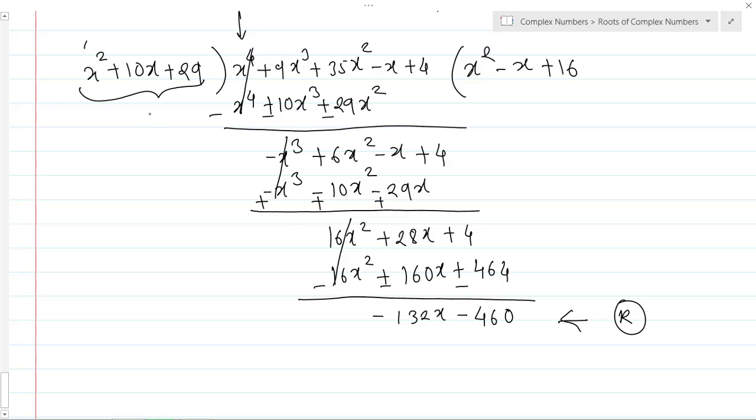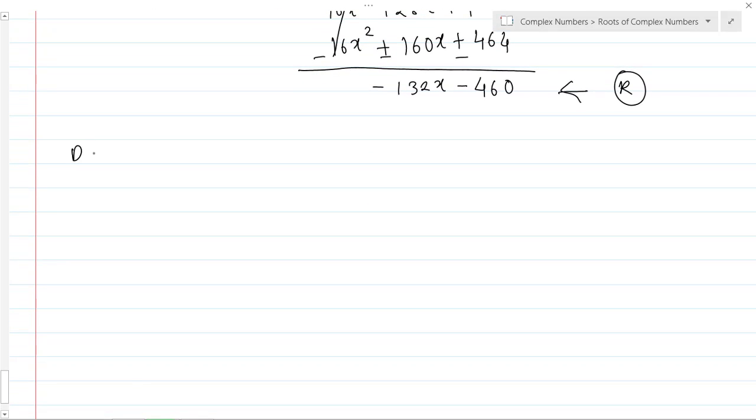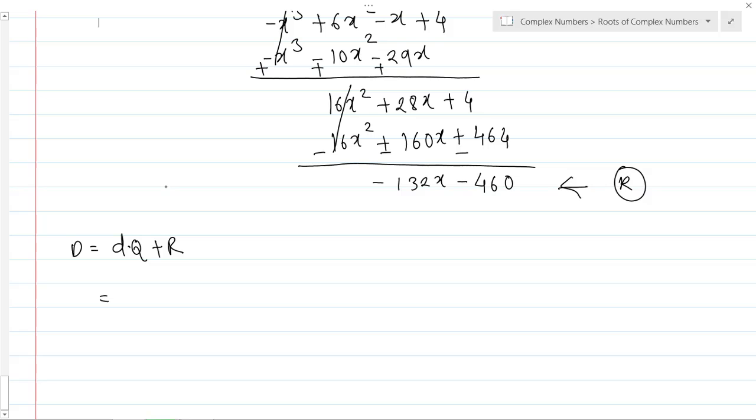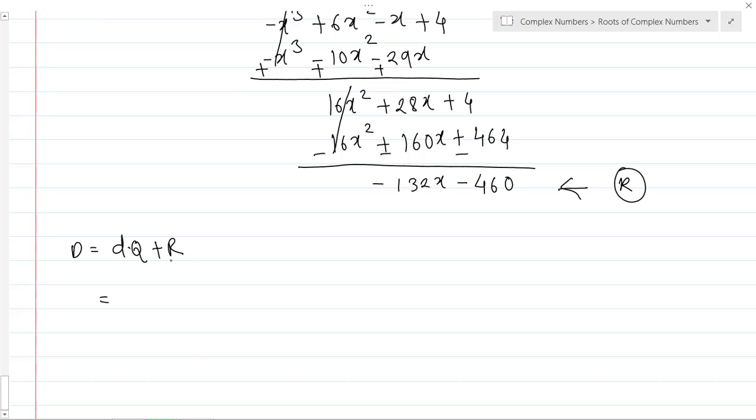This is small d, this is capital D, so let's write that small equation. Capital D equals small d into quotient plus r. What was our divisor? The divisor was x square plus 10x plus 29.